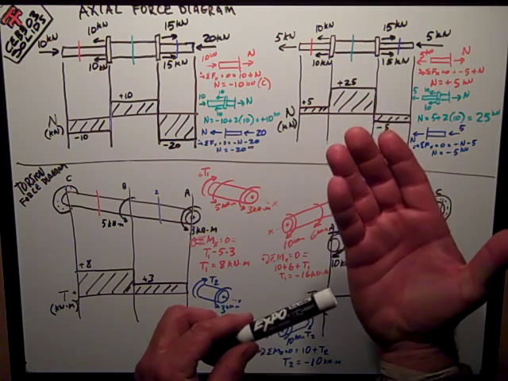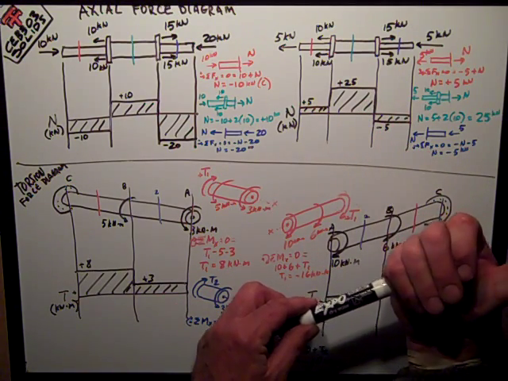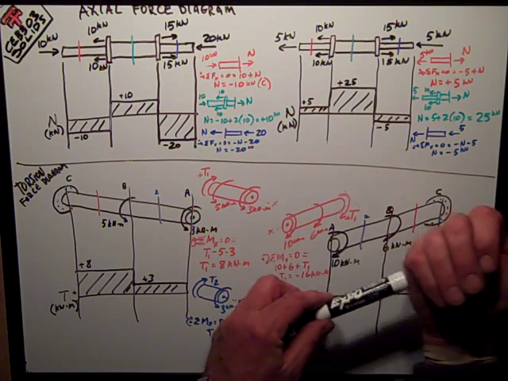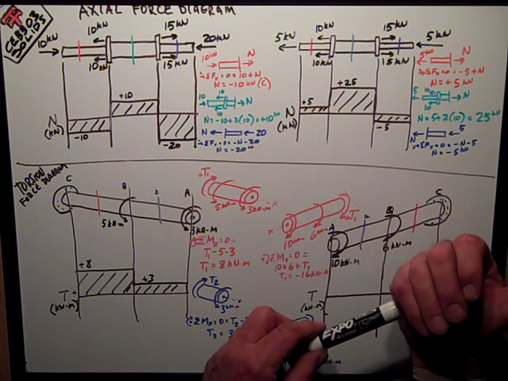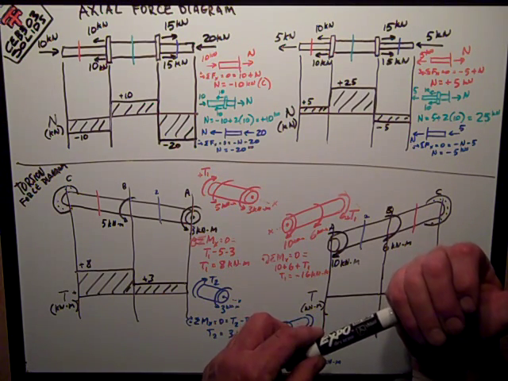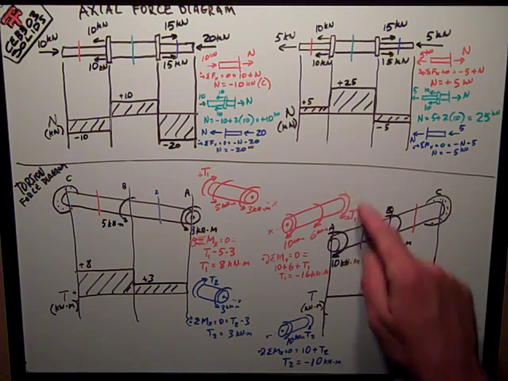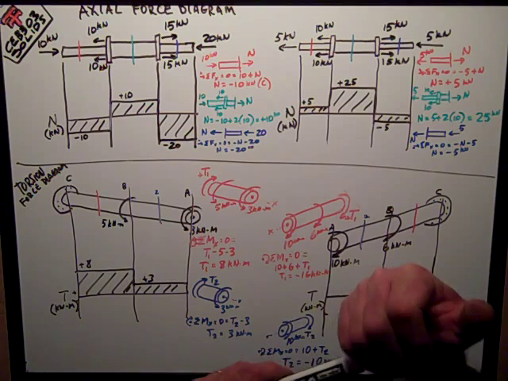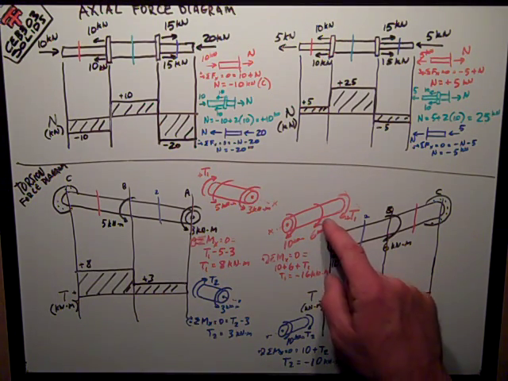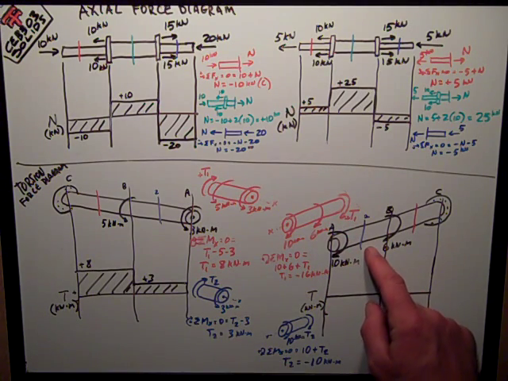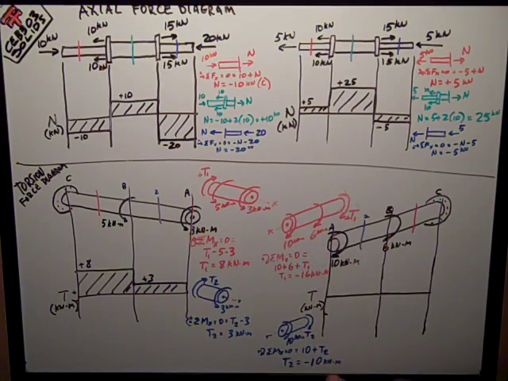I place the heel of my palm on that end, thumb pointing away, and my fingers curl in the direction of positive internal torsion. And so I've drawn that here. It's curling over the top at me, which is the same direction as these externally applied torques, 10 and 6.